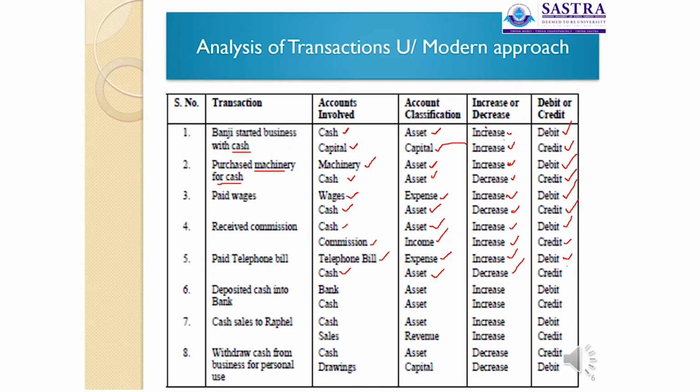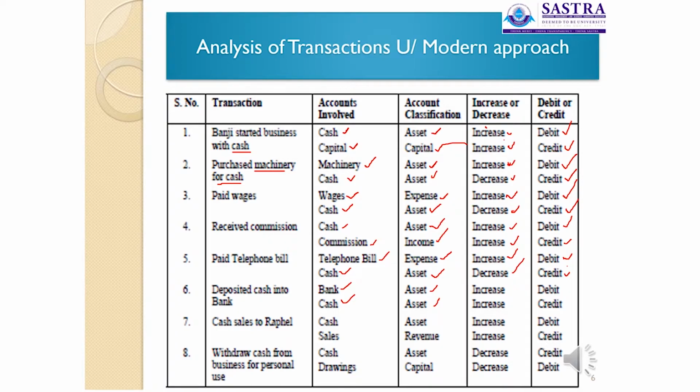Then deposited cash into bank. Here what are the accounts involved? One is cash account and another one is bank account. Here both are treated as asset. Here bank balance will be increase.